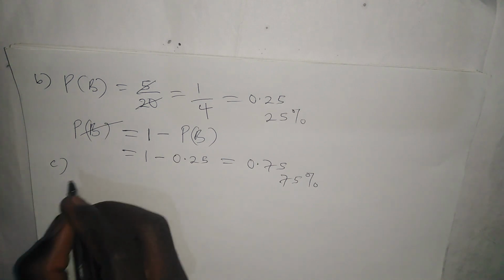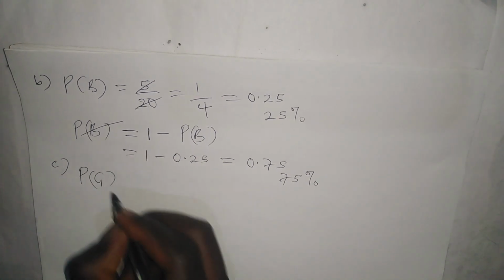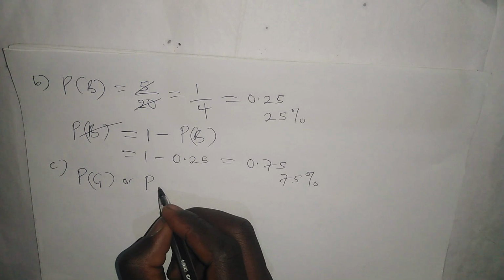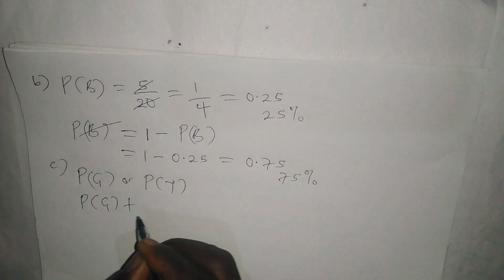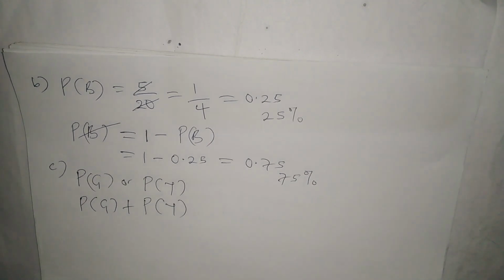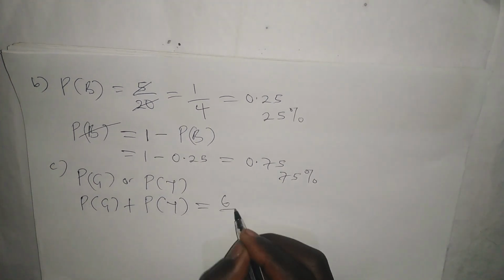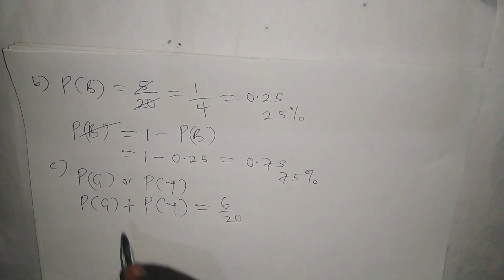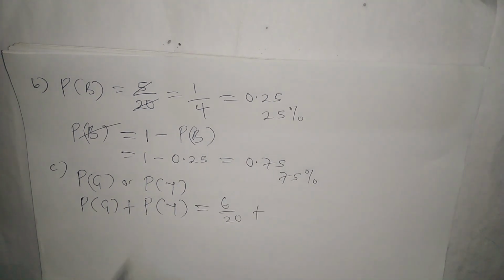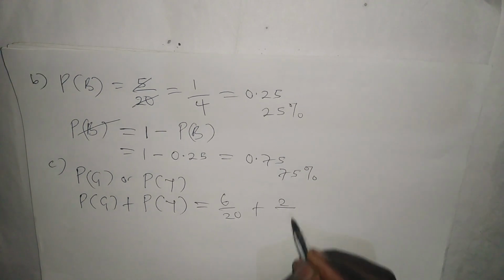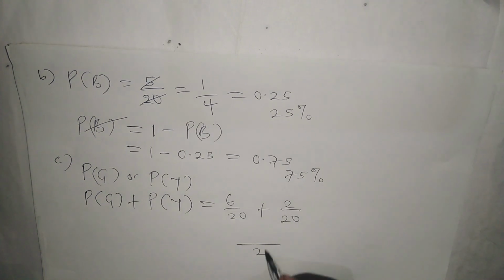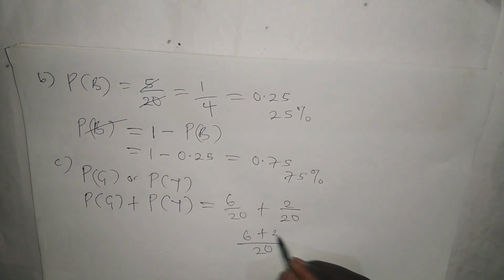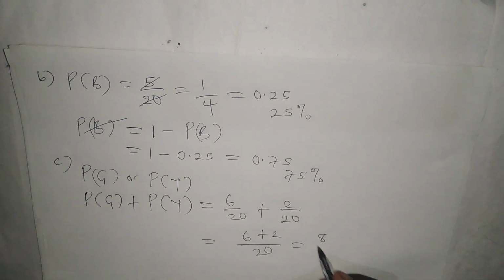So the probability of selecting a green or yellow marble is going to be the probability of selecting a green marble, which is 6 all over 20, plus the probability of a yellow marble, which is 2 all over 20 marbles in the jar. So we bring down 20, and we have 6 plus 2, which is 8 all over 20.